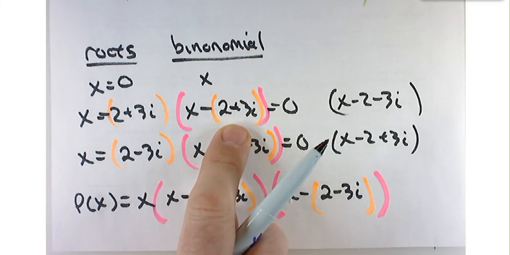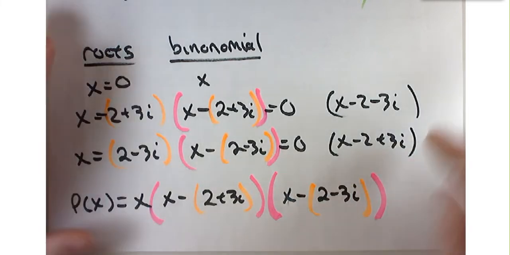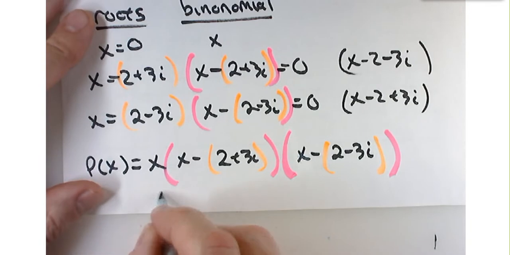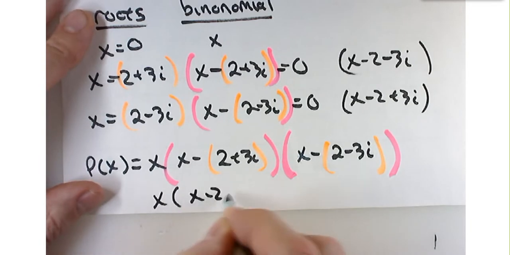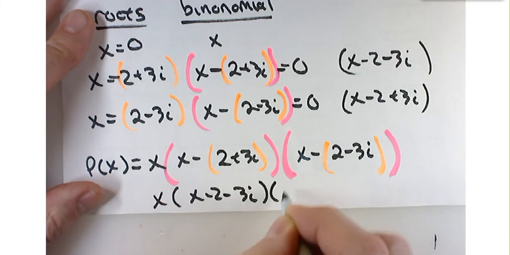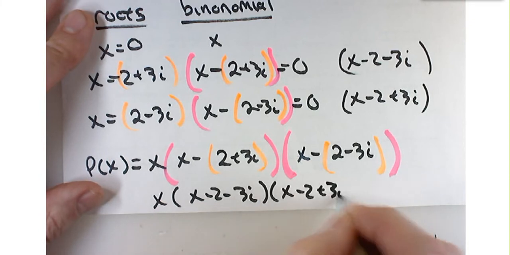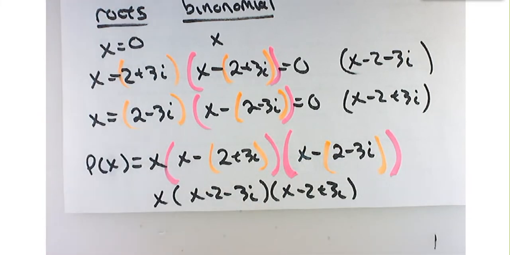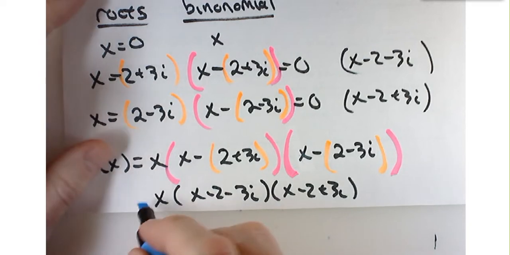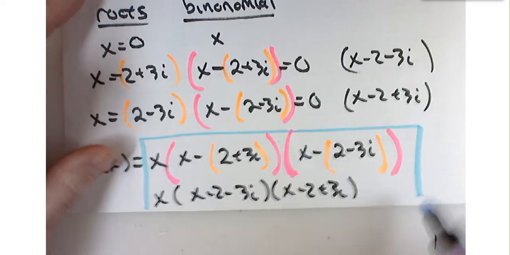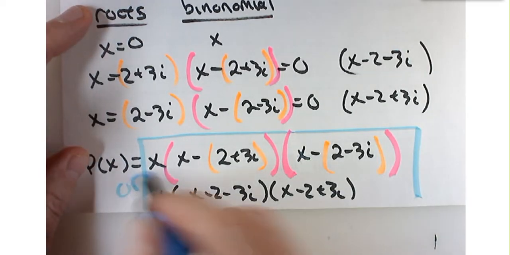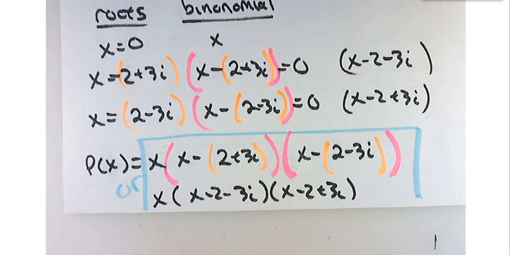So it's just a matter of preference, Kyle. On a test, if you gave me this or x times x minus 2 minus 3i and x minus 2 plus 3i, either one of them is correct. There's no real preference for one or the other. It's just whatever you're comfortable with, okay? Okay. All right.